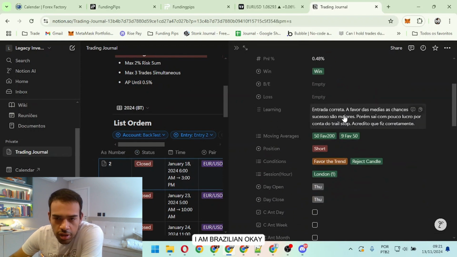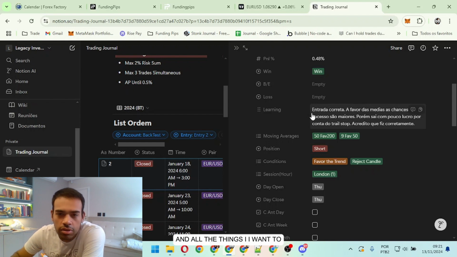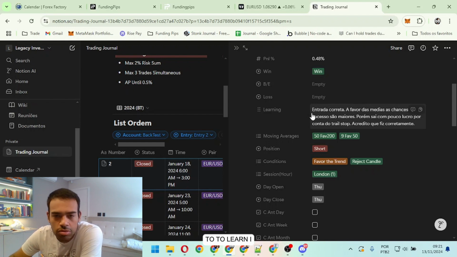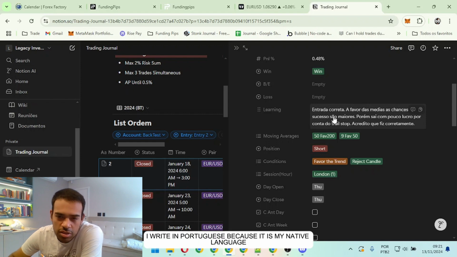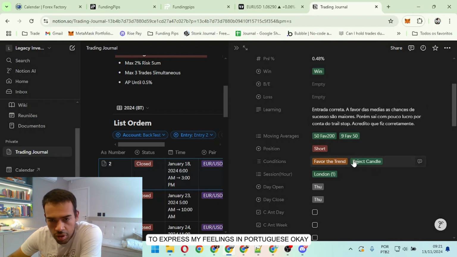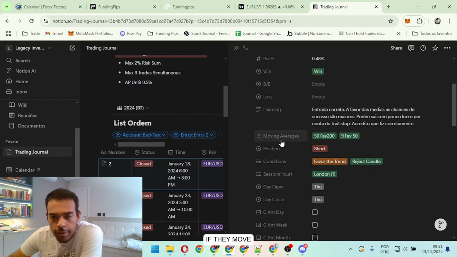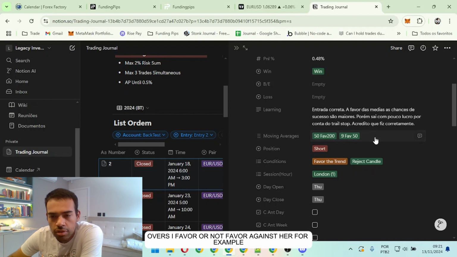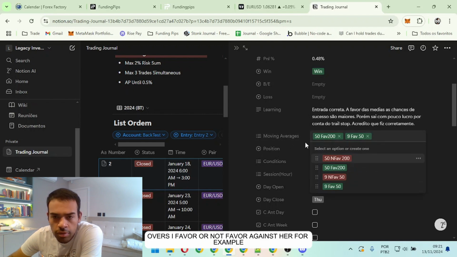I am Brazilian, so my learning text and all the things I want to learn, I write in Portuguese because it's my native language and I find it easier to express my feelings in Portuguese. And I put in these properties whether I am in favor of the moving average or against it.